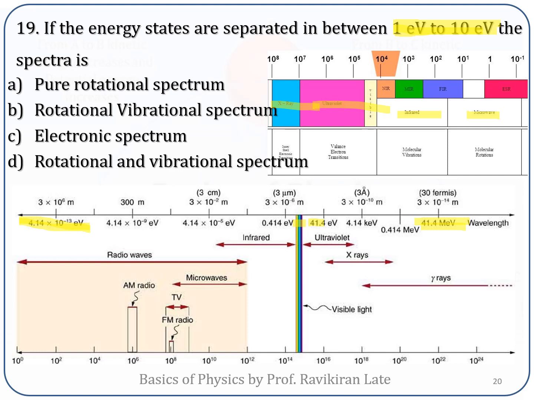This is the region I'm talking about, and the ultraviolet and visible region constitutes the valence electron transition. That is the electronic spectrum we are talking about. So if the energy is between 1 electron volt and 10 electron volt, then it is the electronic spectrum. So option C is the correct answer for this question.